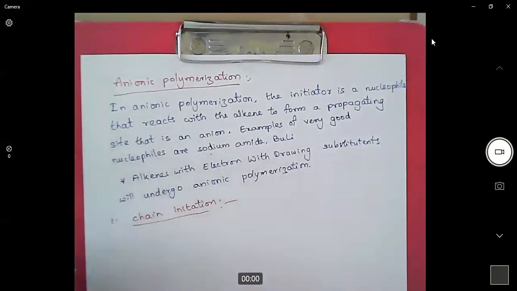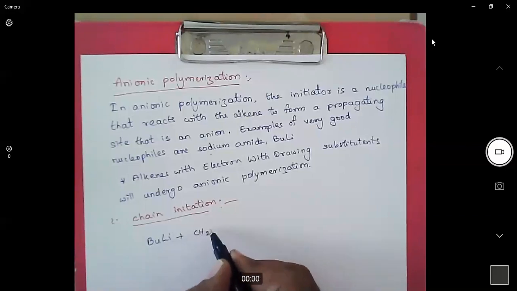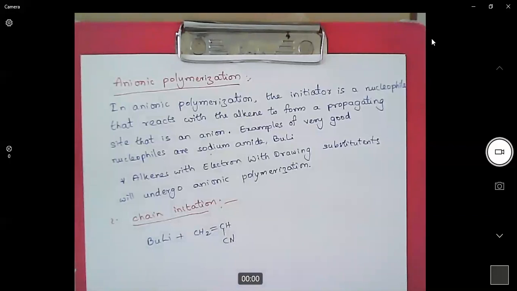What is chain initiation? In chain initiation, a nucleophile will attack the alkene. Cyanide is an electron withdrawing group, a strong electron withdrawing group. Now in butyl lithium, the butyl anion will attack this carbon.